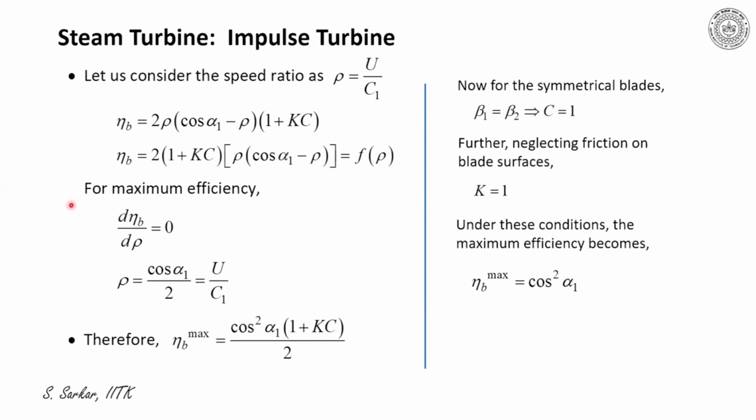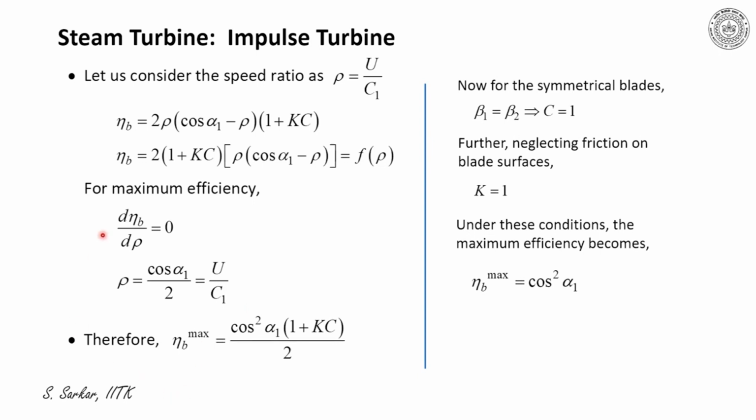Thus, for maximum efficiency, I can say d eta B by d rho is equal to 0. Thus, from here, I can get rho is equal to cos alpha 1 by 2, that is equal to U by C1.